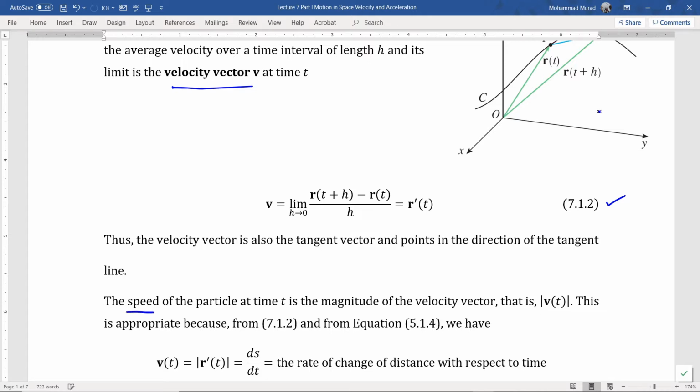The speed of the particle at time t is the magnitude of the velocity vector, that is, the magnitude of the vector v.